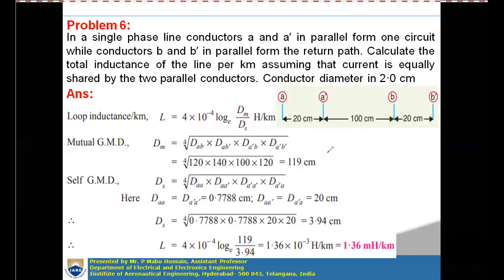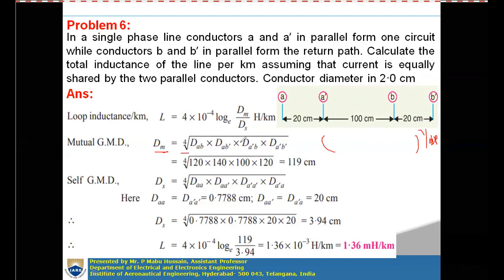So the mutual GMD DM is equal to those products to the power of 1 by mn. Here m is the number of conductors in one phase and n is the number of conductors in the other phase. In both phases you have only 2 conductors, so m and n are both 2, so mn is 4 and the power will be 1 by 4. 1 by 4 can be written as the 4th root.